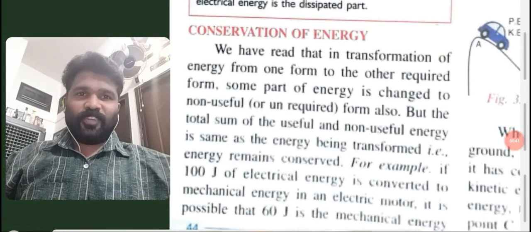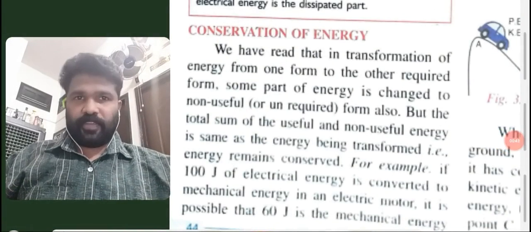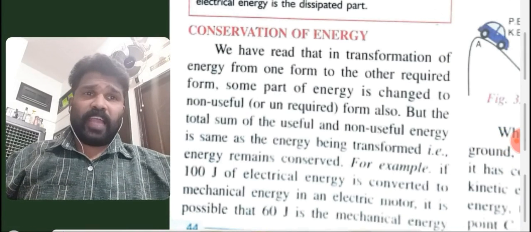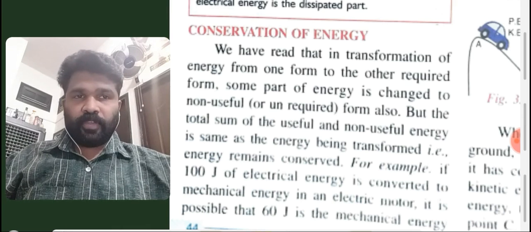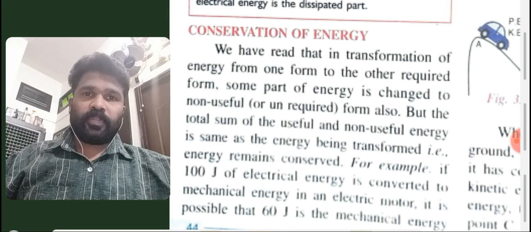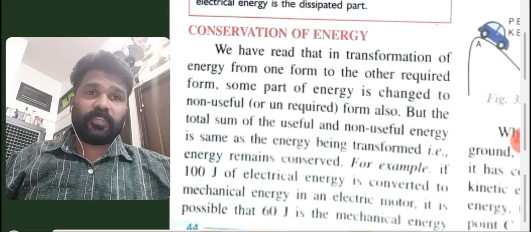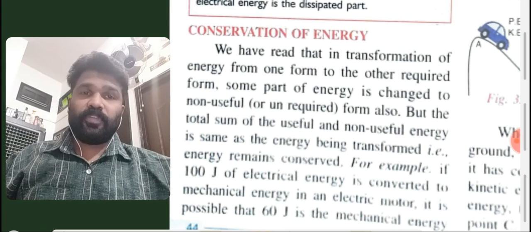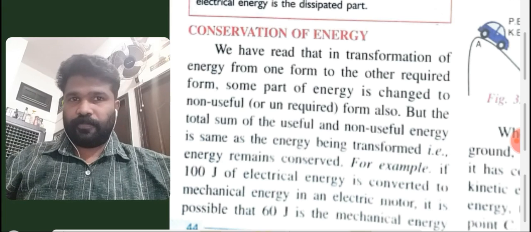Okay, students, here is our topic, conservation of energy. We have read that in the transformation of energy from one form to another required form, some part of energy is changed to non-useful form also.